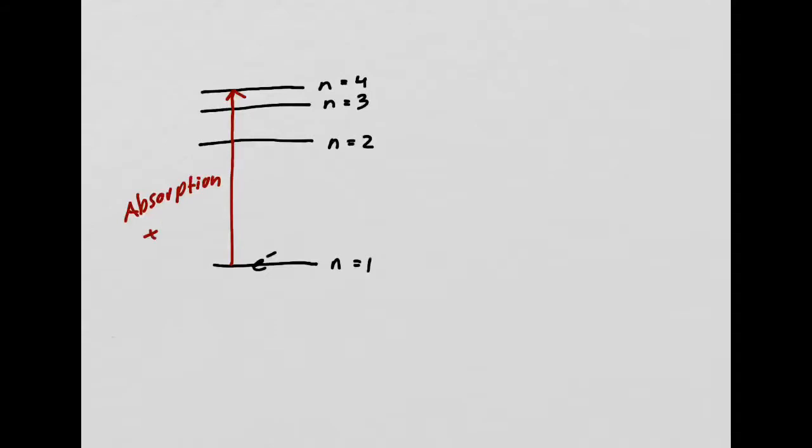And absorption has a positive energy because you need energy to make it happen. Now we said it's not going to stay there. It's going to come back down. When it comes back down, we call it emission. It emits the light, and that has a negative energy.